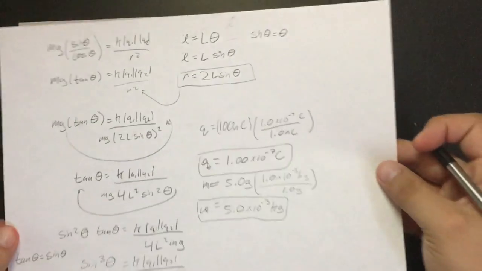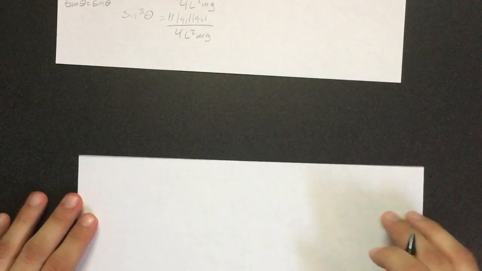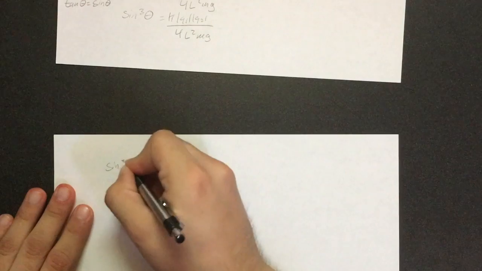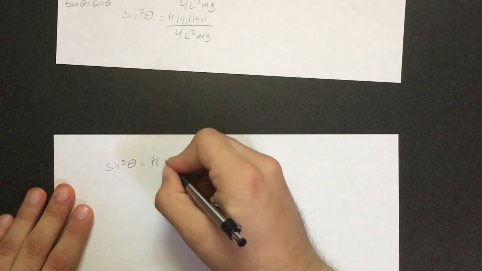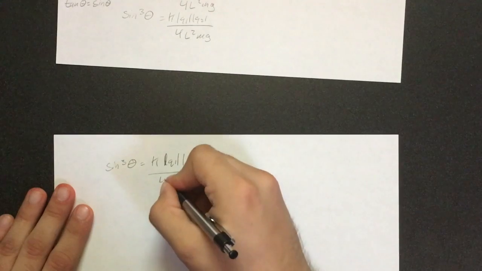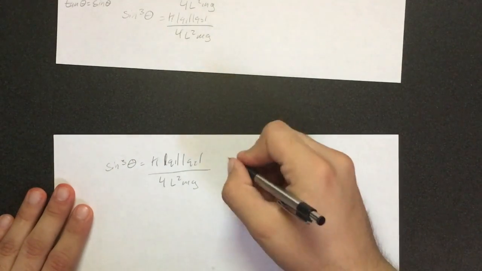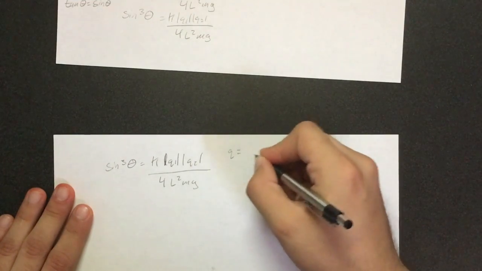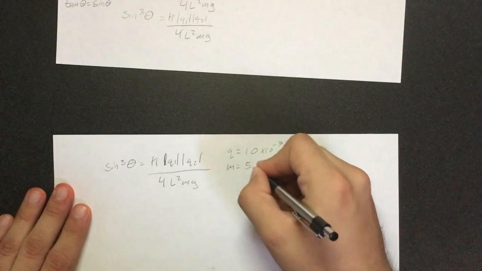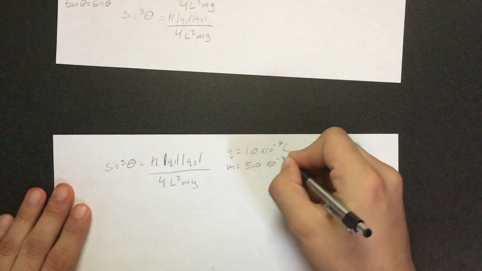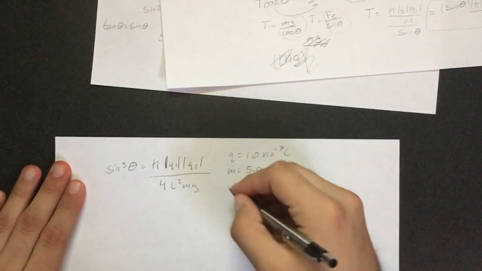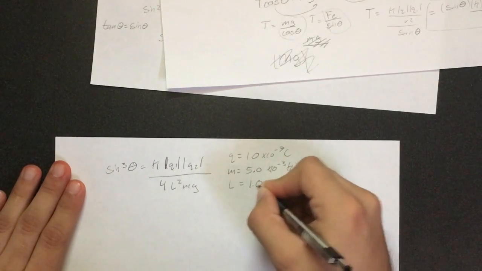So here's the final part of our problem, which is sine cubed theta is equal to k, absolute value charge 1, absolute value charge 2, all over 4L squared, mass times gravity, given that our values are Q equals 1.0 times 10 to the negative 7 coulombs, mass, which is 5.0 times 10 to the negative 3 kilograms, and finally L, which is 1 meter.